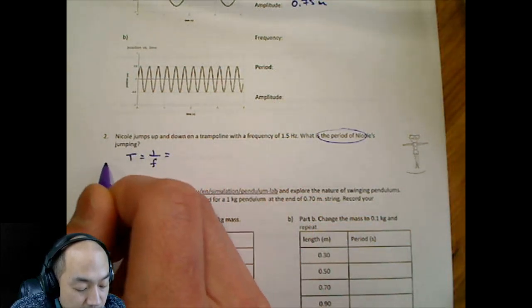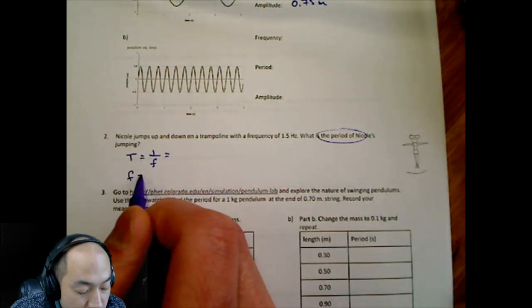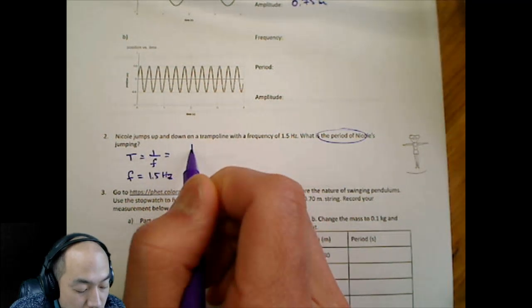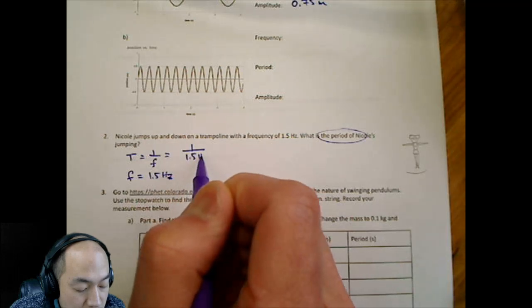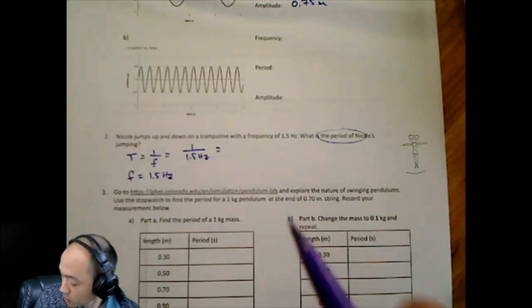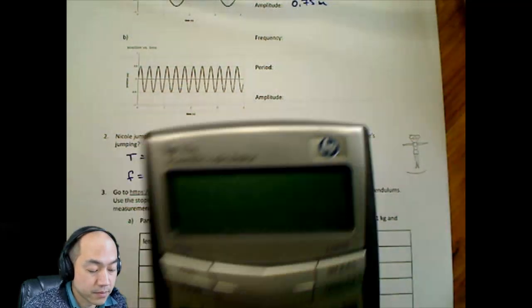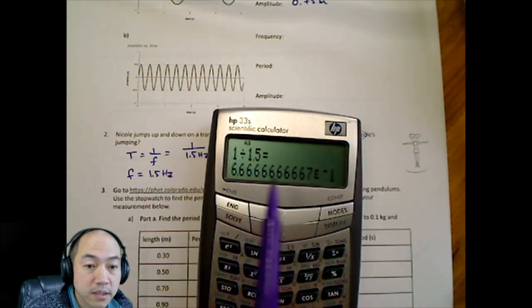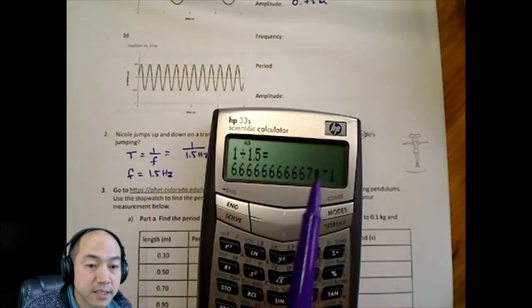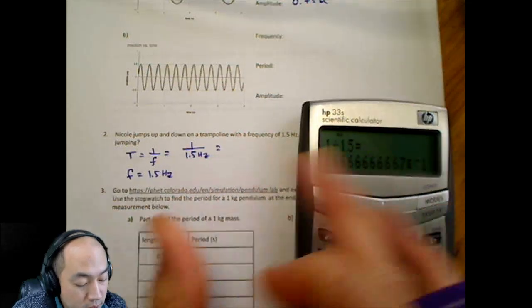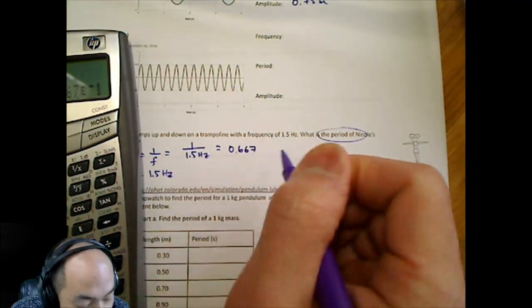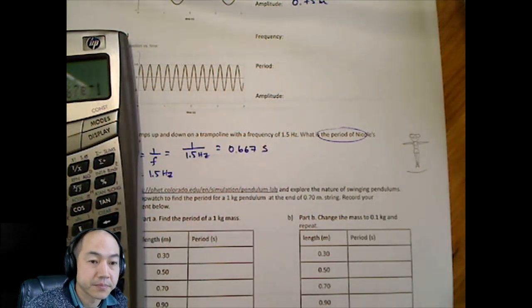And if her frequency is equal to 1.5 hertz, then this is 1 divided by 1.5 hertz, which is 1 divided by 1.5 gives us 6.6 times 10 to the negative 1, or 0.667 seconds. Right.